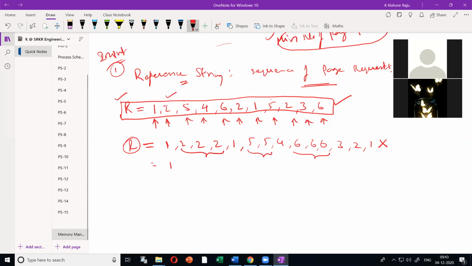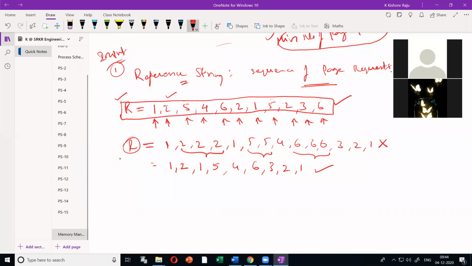The valid reference string for this is: 1, and for the three 2s, I have to mention only one 2. Then again 1. For two 5s, I mention 5. 4. For three 6s, I mention 6. Then 3, 2, 1. So this is correct. Is it clear? You should not repeat the same page side by side.